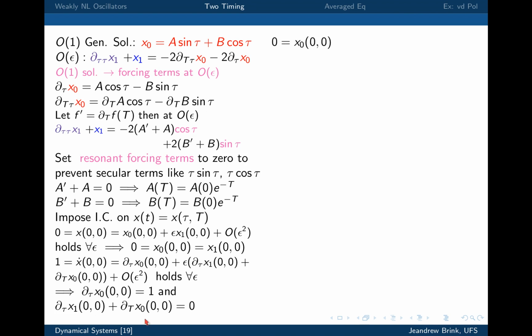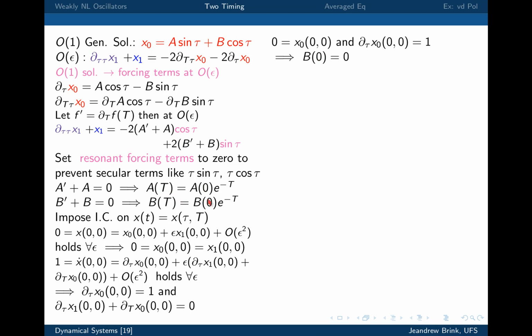Okay, so you can use the conditions on x0 and x0's fast time derivative to actually further fix the functions. You can use that at time t equals 0. Remember, a of big T and b of big T are just the constants a0 and b0.